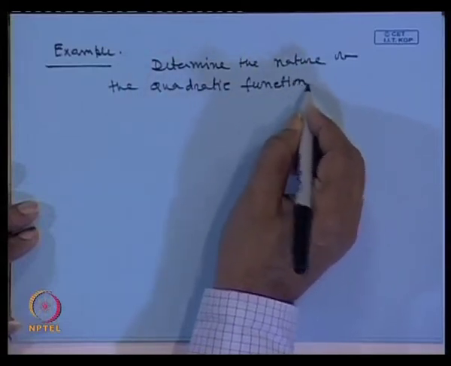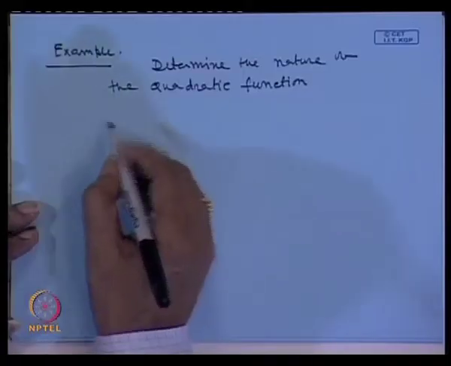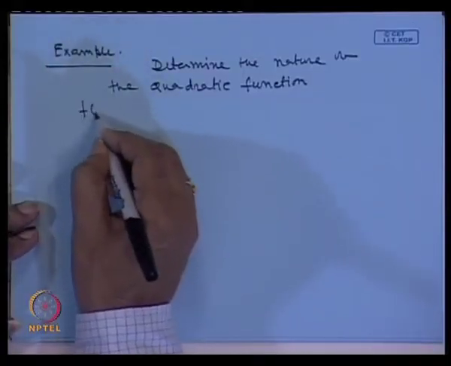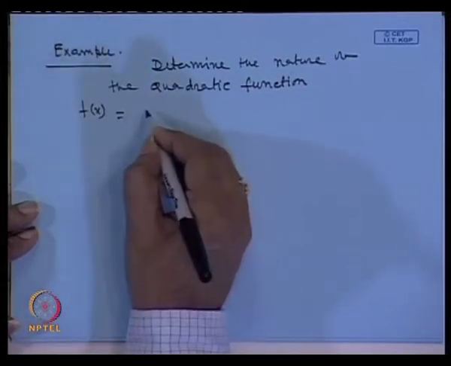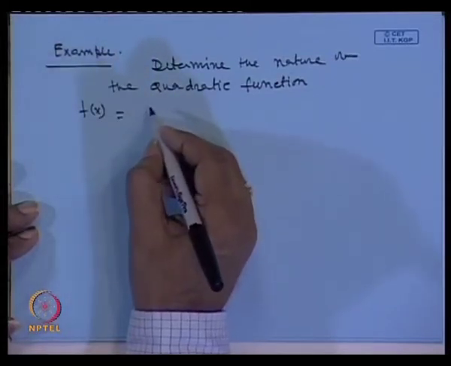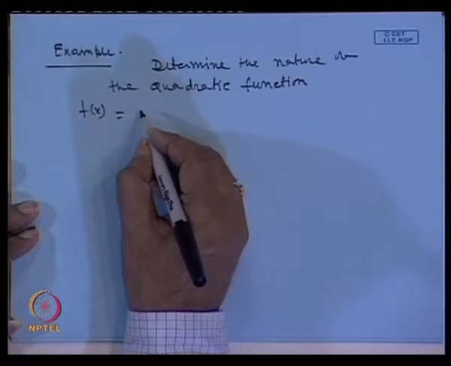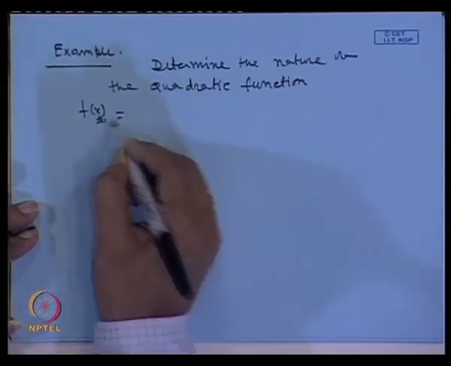The nature means whether the function is positive definite, negative definite, positive semi definite or negative semi definite. The function is given; I can write it in the general form, a function of 3 variables in x, so the dimension is 3.